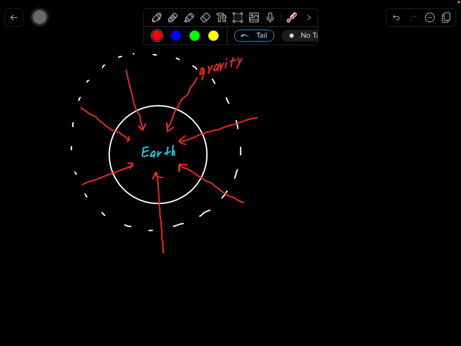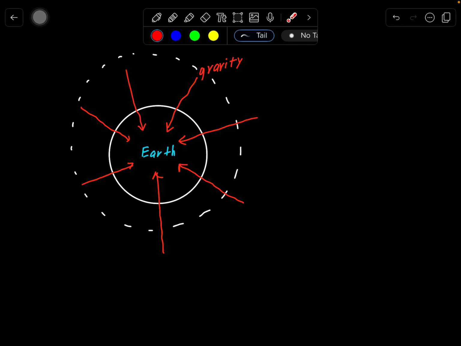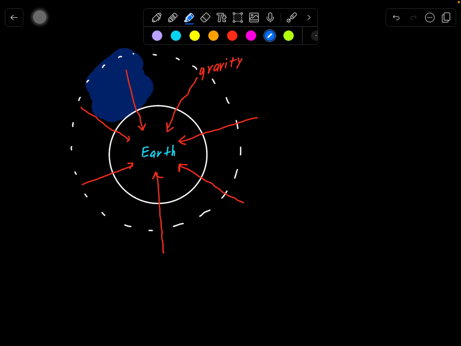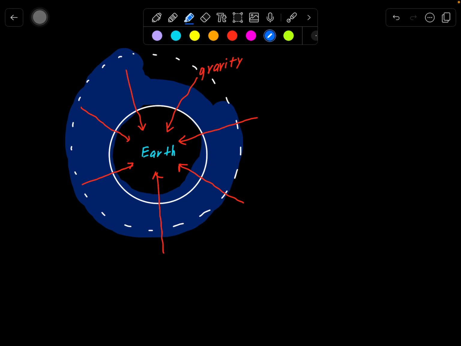And the area surrounding the mass in which the mass is able to attract other objects toward itself is referred to as the gravitational field of the planet. So this blue region is the gravitational field.